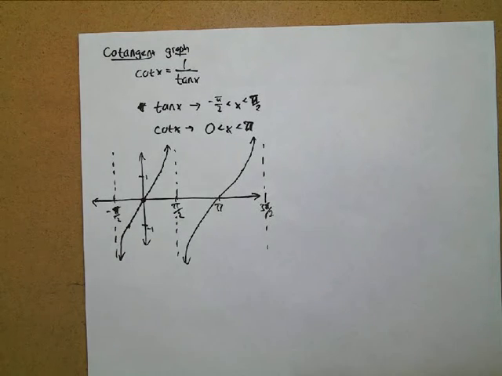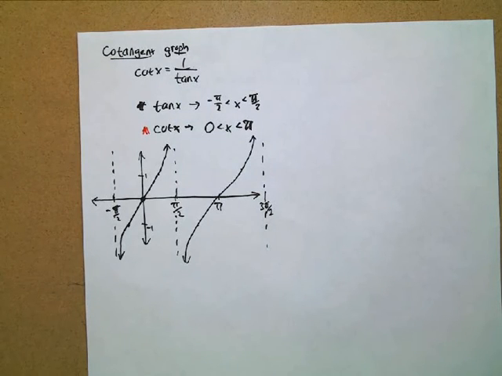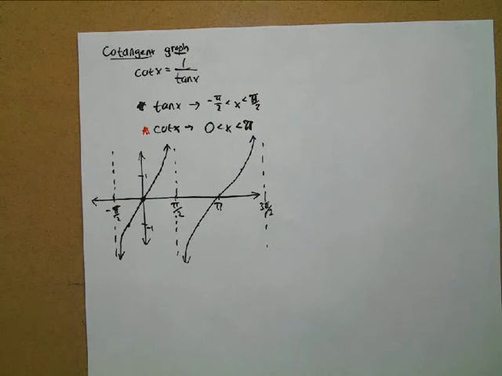It will be undefined. So we have an asymptote for cotangent at 0 now. Where tangent's undefined, we can think of that as being like 1 over 0. Where tangent's undefined, the reciprocal of undefined, we're going to say that's 0. So where tangent had an asymptote, cotangent will be 0.